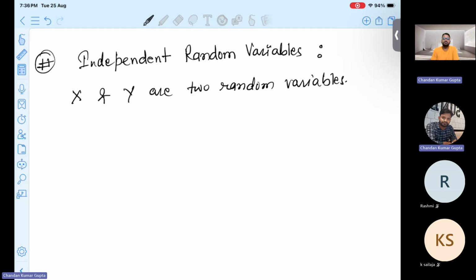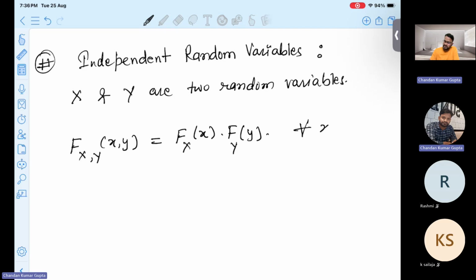These two random variables are independent if and only if, there is an if and only if condition, their joint cumulative distribution function F(x,y) is expressed as the product of their marginal cumulative distribution functions for all (x,y) belonging to the plane.